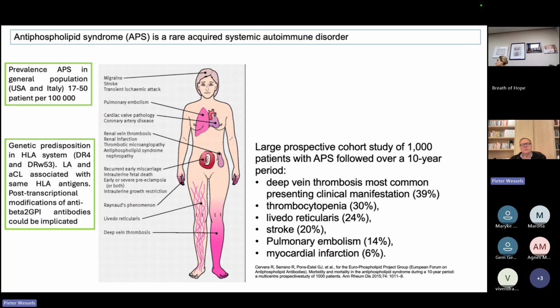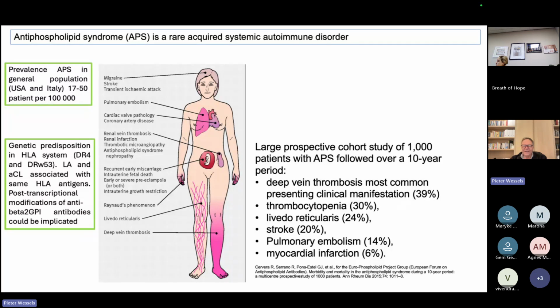I'm not going to talk about this again, but people often think that antiphospholipid syndrome is a genetic disorder. There is a tendency, a predisposition. And you can see if a patient's got that DR4 or DRW53 HLA, they tend to cluster in those patients, but it's not.